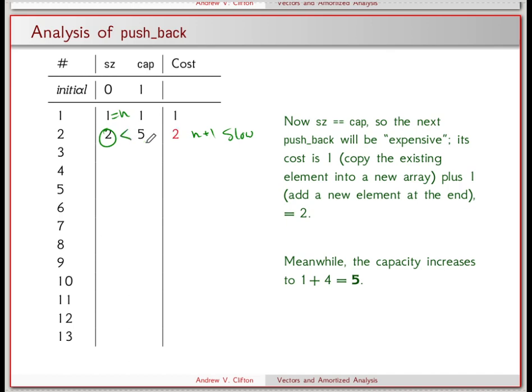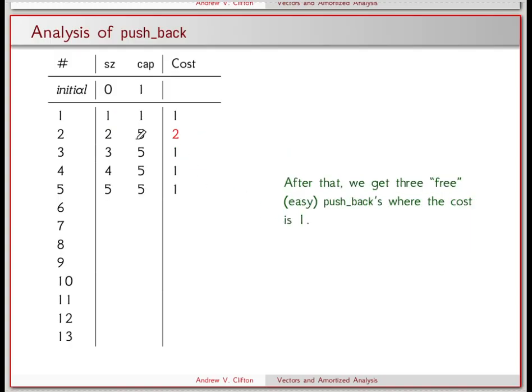But that bought me some cheap pushbacks because 2 is less than 5. So 1 plus 4 gives me a new capacity of 5. Now I get a few more free pushbacks. In fact, the next 3 pushbacks are all free: less than, less than, less than. Only when I get here are they equal again.